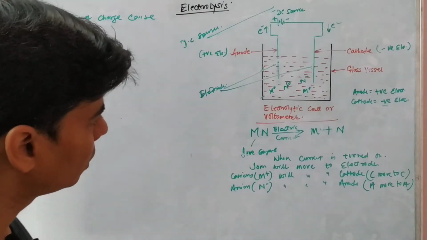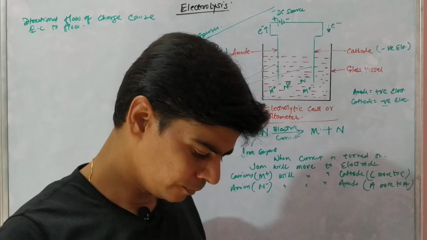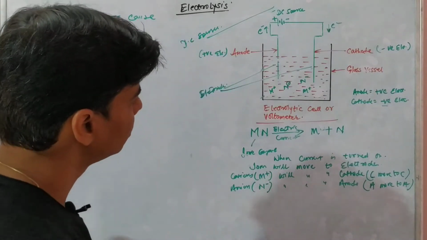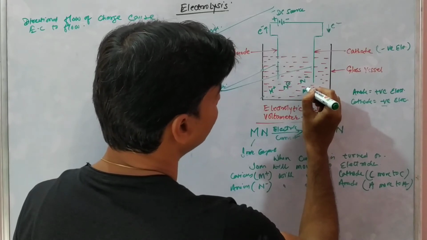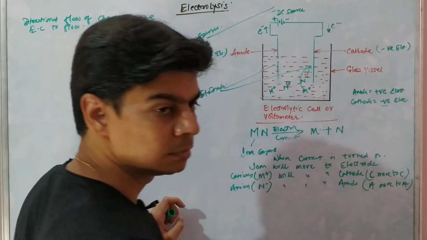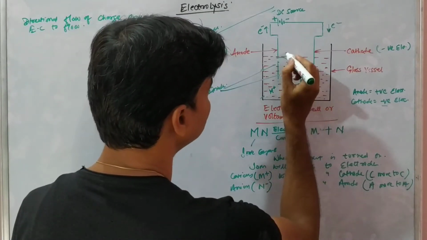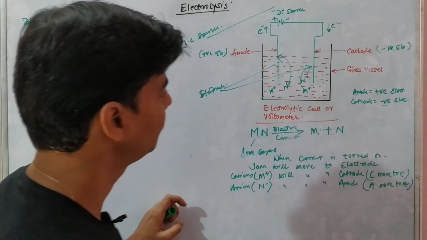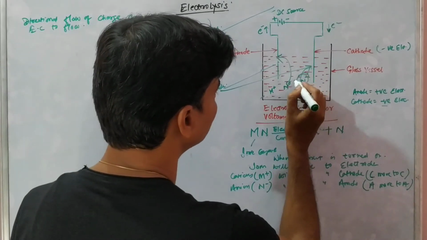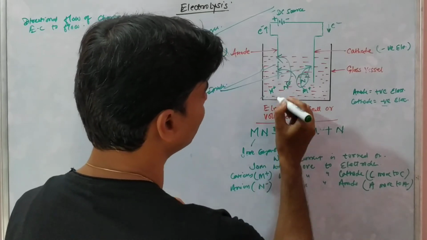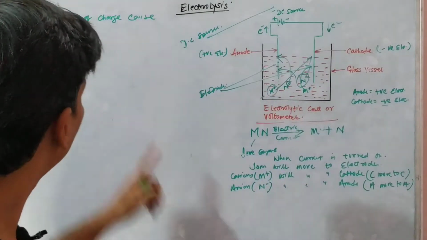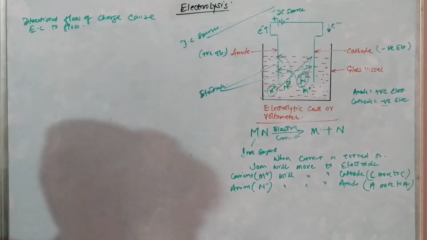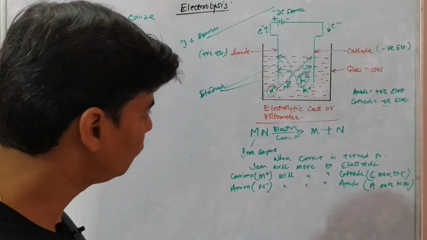So now we know that when electric current is turned on, these positive ions will move towards the cathode, and these negative ions will move towards the anode. These are also negative ions, and they move towards the anode. These positive ions all will move towards the cathode. Now look at this: directional flow of charge will cause electric current to flow.